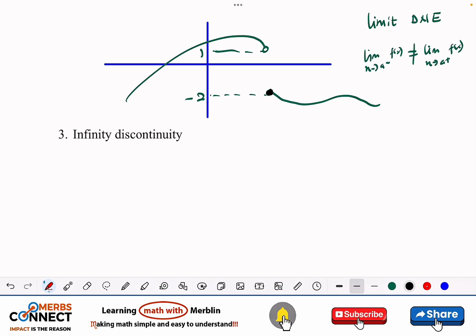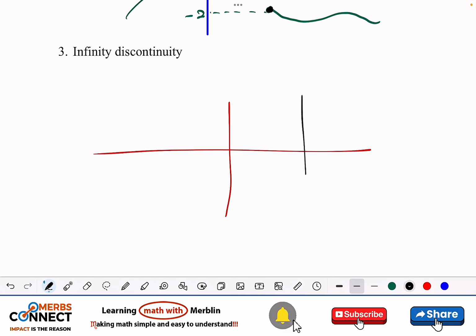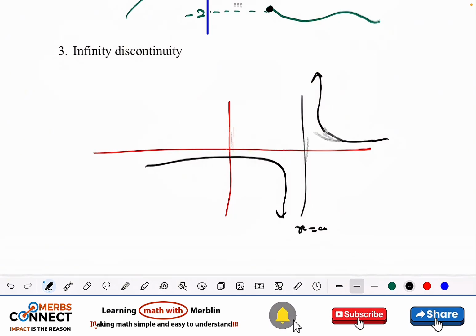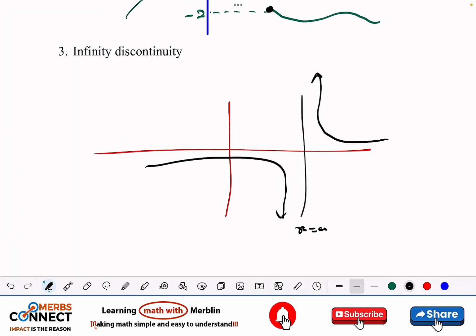Infinite discontinuity is like this: let me assume that this is my graph, and this is where x is equal to a. When I'm approaching this from the left, I'm going this way, and approaching from the right, I'm going this way. So this is infinite discontinuity.